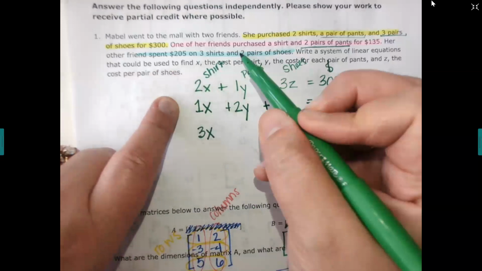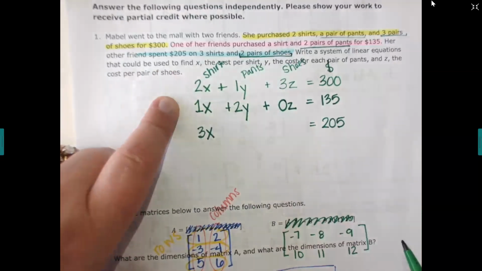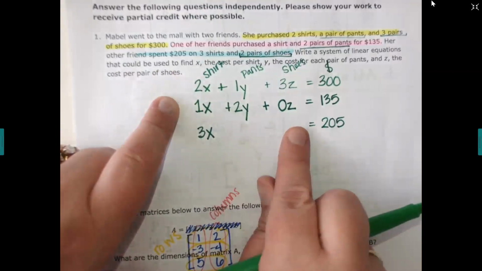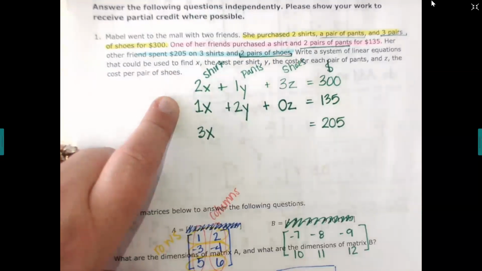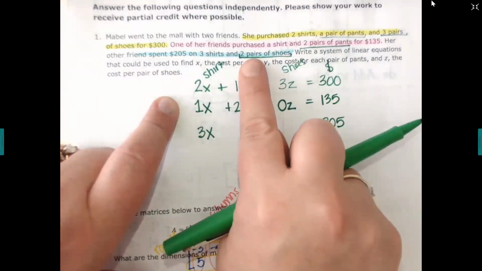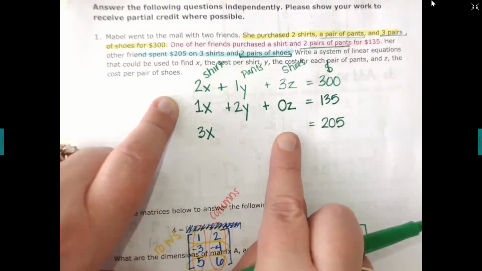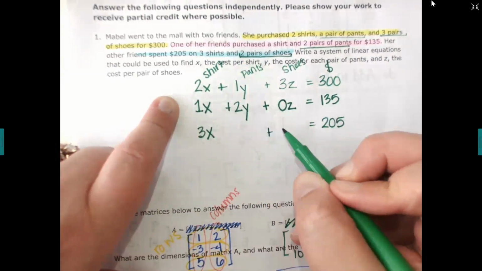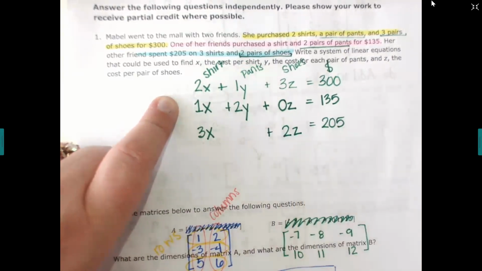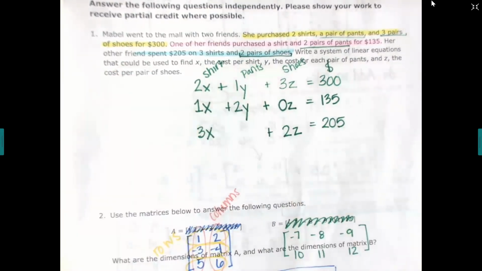And 2 pairs of shoes. Do I want to put that as a Y or an X if it's shoes? Where should the 2 shoes go? The Y or the X or the Z? Sorry, the Z. So I'll put 2Z. Okay, but then because she didn't get any pants, what do I put here in the middle? 0. If they didn't get any, you put 0.